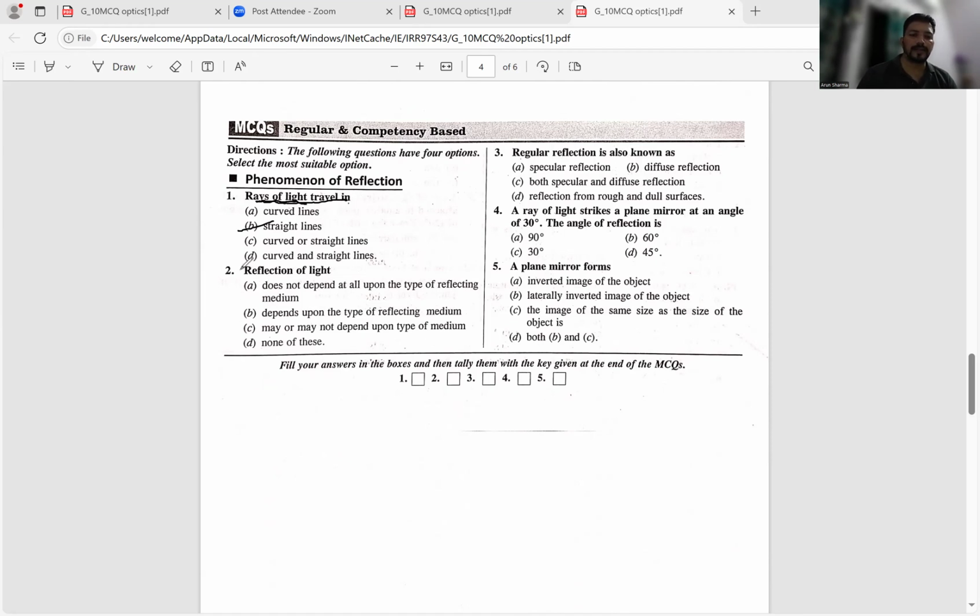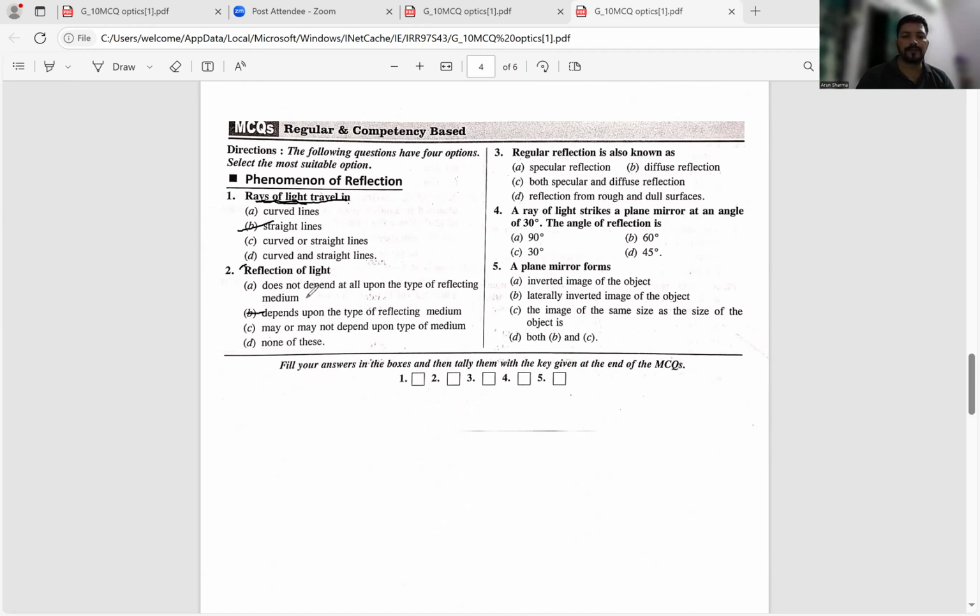Now a reflection. This is all basic questions. A reflection of light does not depend upon the type of reflecting medium. Depend upon which type of medium? Medium, it's a plane mirror, a concave mirror, a convex mirror.